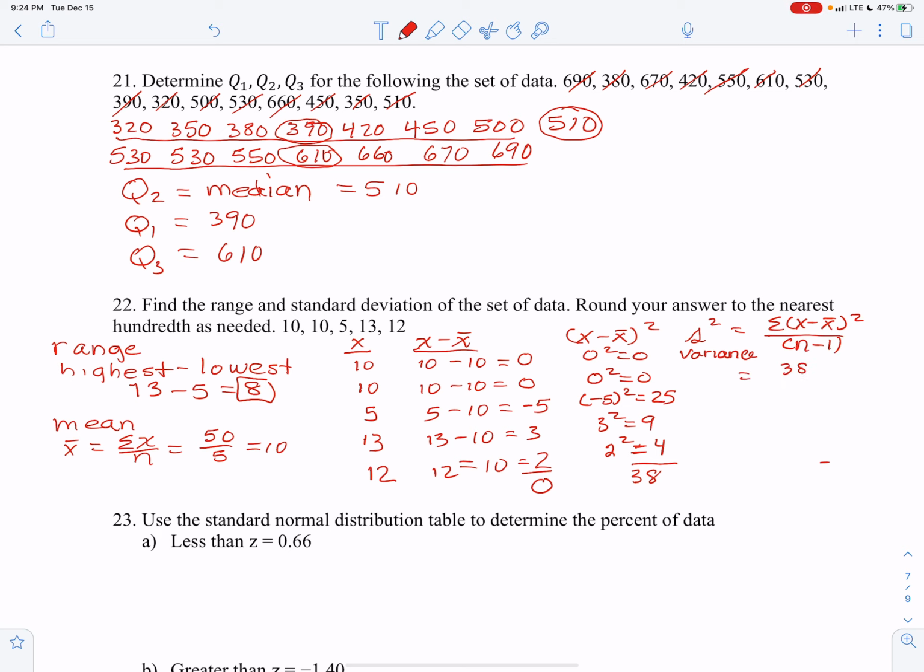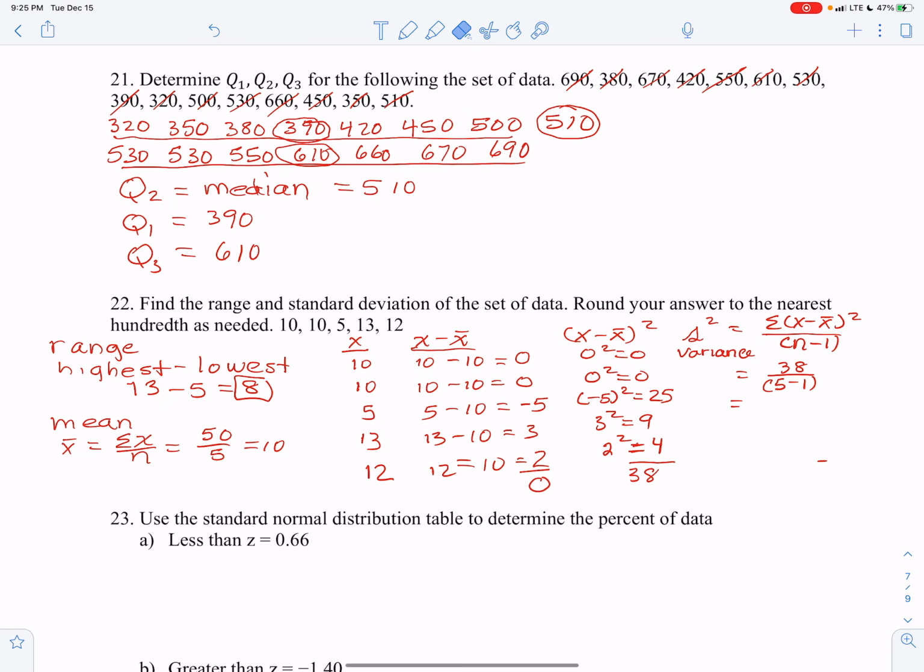So it's 38 over 5 minus 1, or 38 over 4. 38 divided by 4 should be 9.5.